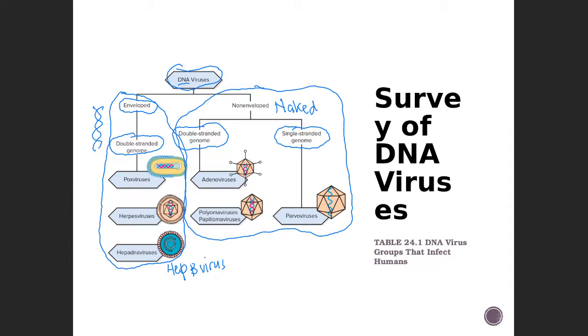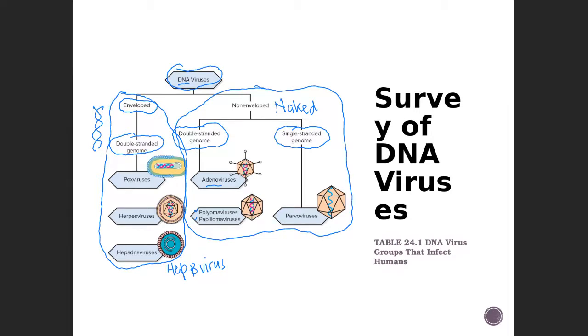Naked viruses that carry double-stranded DNA will be three groups: adenoviruses, polyomaviruses, and papillomaviruses. The naked single-stranded DNA will be only one, which is parvoviruses. Remember, the naked single-stranded DNA will be the least common type of DNA virus that infects human. Again, the most common type has envelope and carries double-stranded DNA.